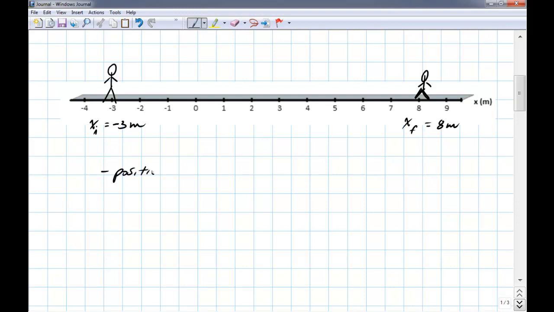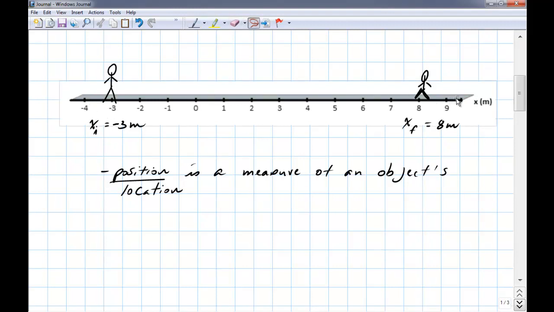It turns out that position is just a measure of an object's location. By laying out the masking tape as you see here, we're able to identify our location.